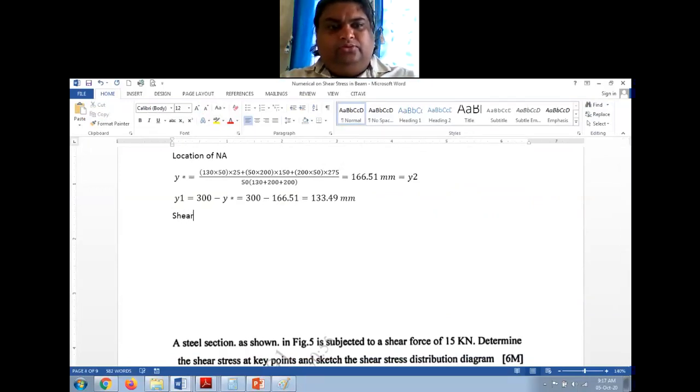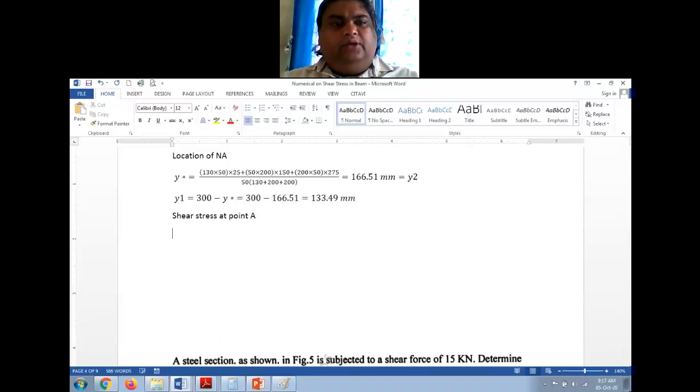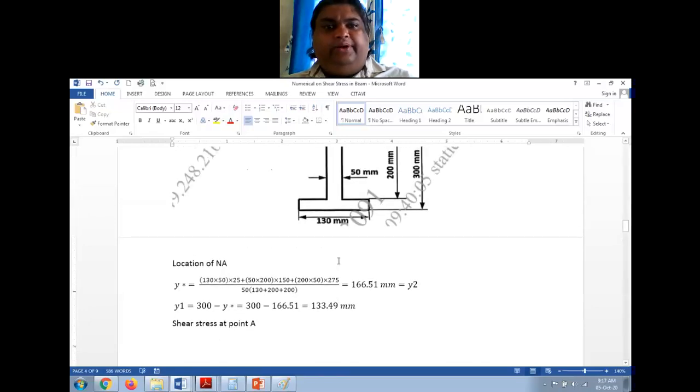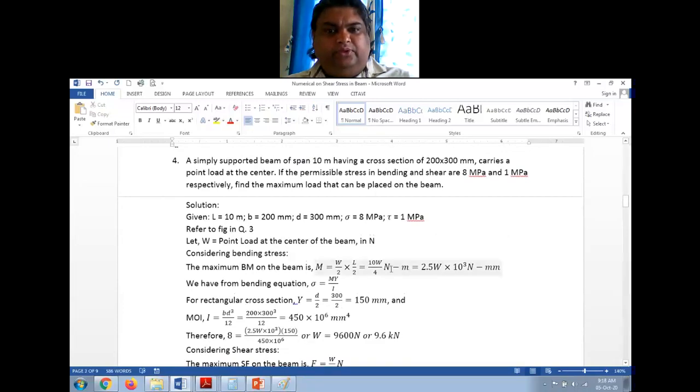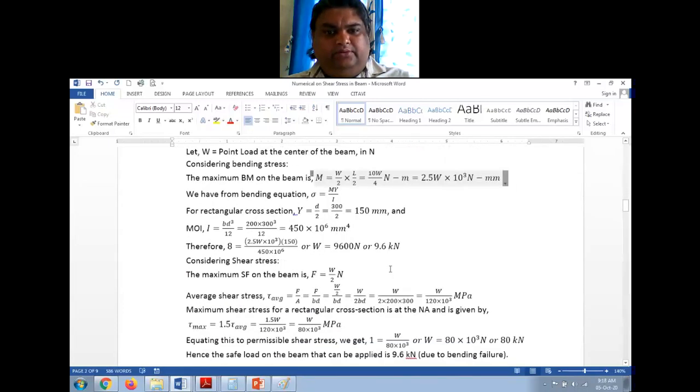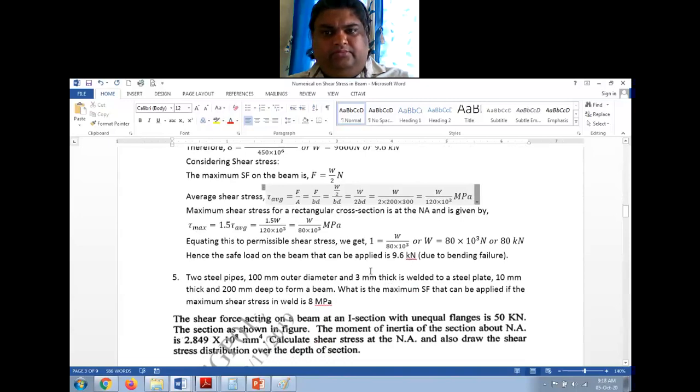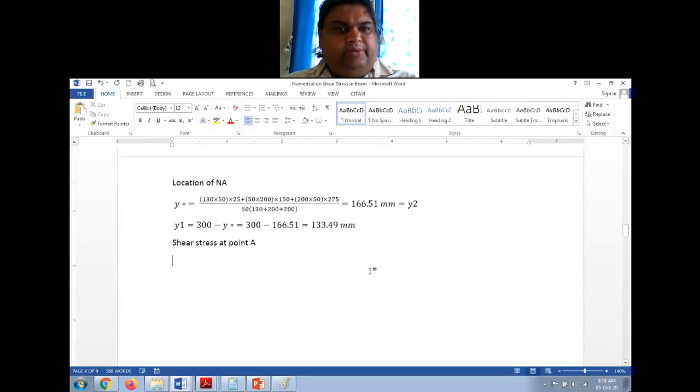Shear stress at point A. Now, how to find the shear stress at point A? We have this formula. I'll type it.